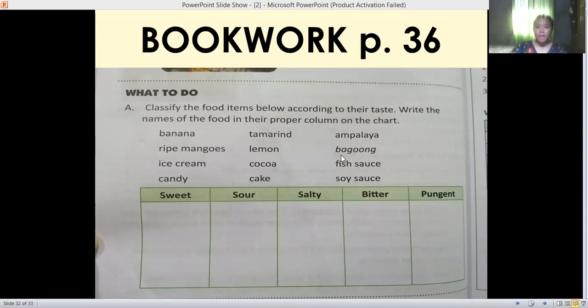Next, bagoong or fish sauce. You know bagoong? Sweet, sour, salty, bitter, or pungent?